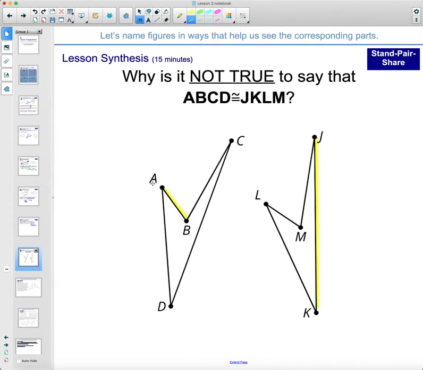Those are clearly not the same length, so they are not matching up corresponding parts. Even though these two shapes are in fact congruent, they are the same shape, they are the same size, they're not putting corresponding parts together. So corresponding parts are not matched up or are not in order.